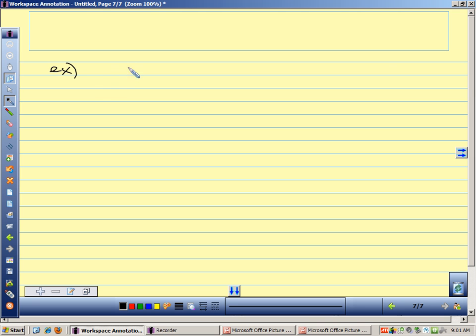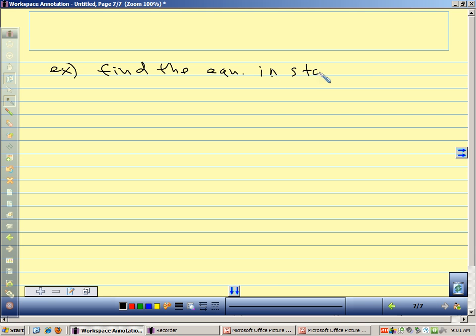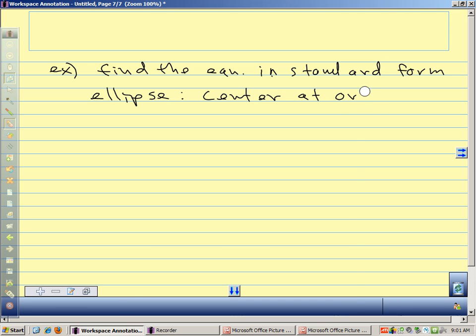We want to write the standard form for an ellipse, and for our ellipse we have the center at the origin. We have a major axis.